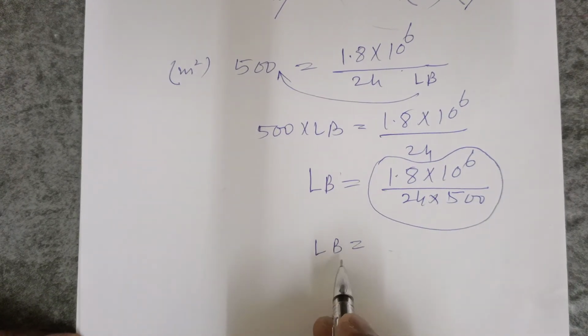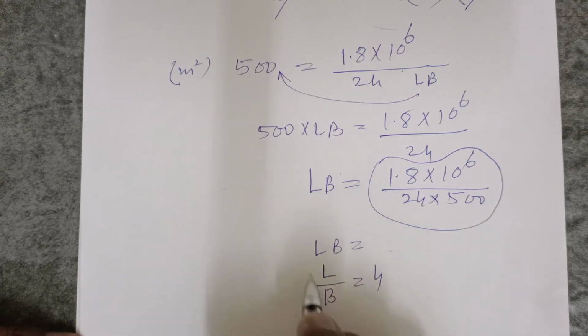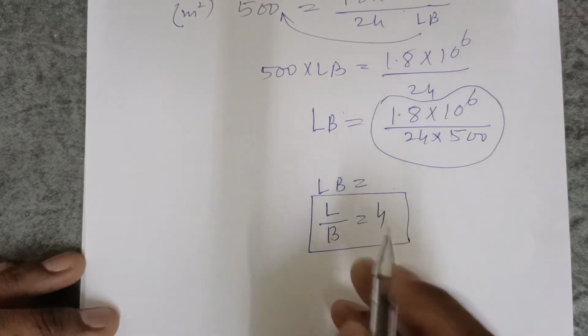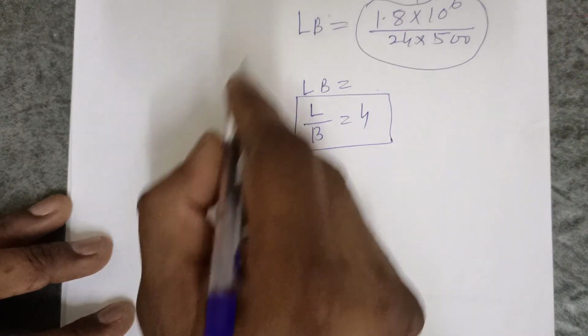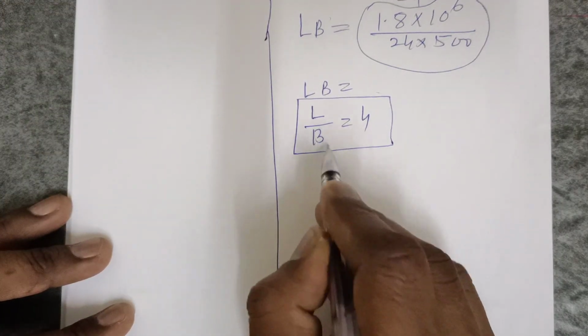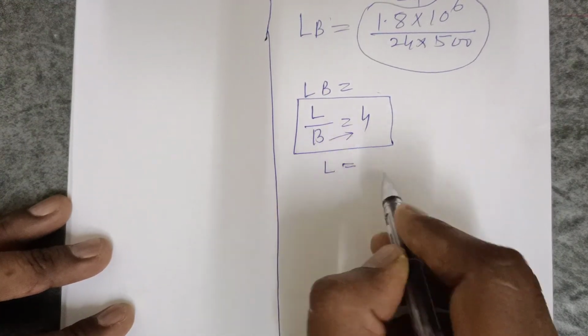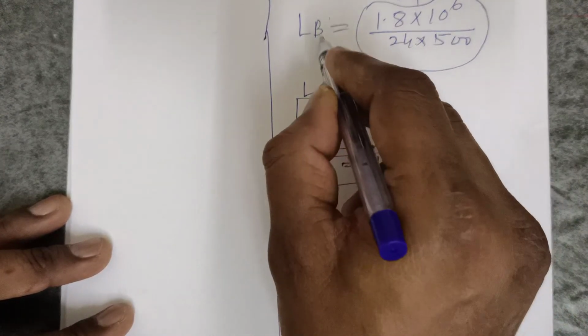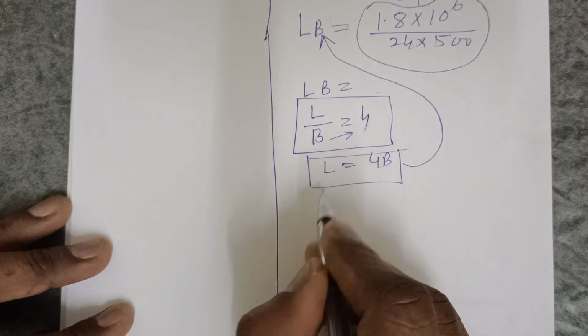Now one thing is that here L upon B is given as 4, right? So L will be equal to B into 4, or 4B, right? I will put this value here.